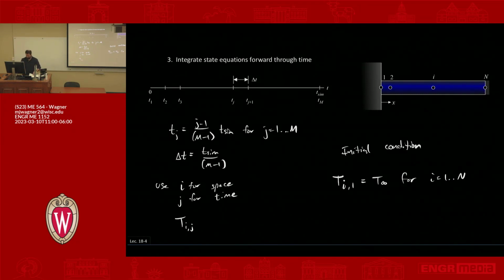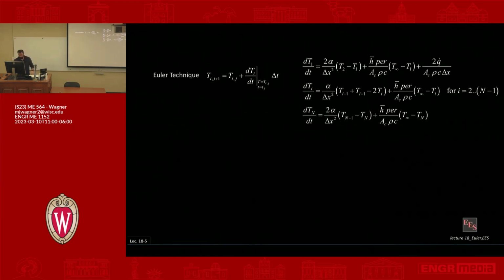Okay, so let's keep going on this. Let's say we go through and we solve all of our energy balance equations to get state equations. The first thing we would do then is probably try to employ our simplest technique, which is Euler's, to step forward in time. And the way we're going to do that is we'll say, I'm going to look at my temperature T at some position I, that's our first index, and then in the second index, that would be my next time.